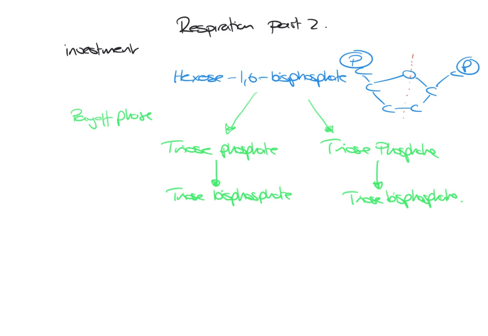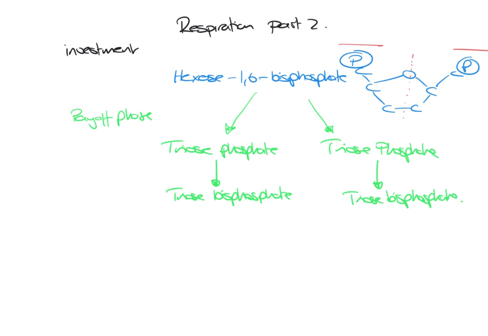Now let's talk a little bit about why it's bisphosphate, not biphosphate or diphosphate. If we look back at hexose 1,6-bisphosphate, we have two phosphate groups, and each phosphate group is on a different carbon of the molecule, which is why it has this unusual name, bisphosphate.